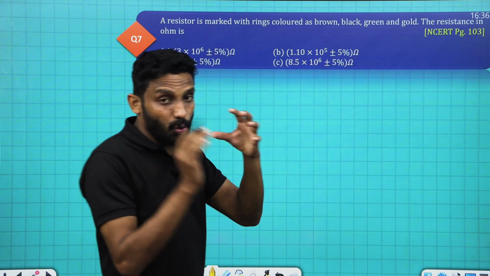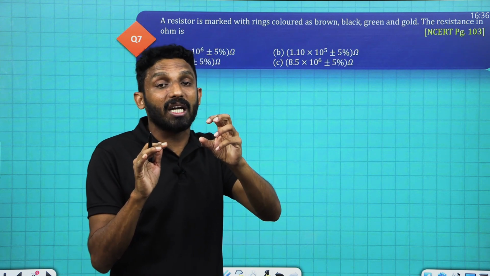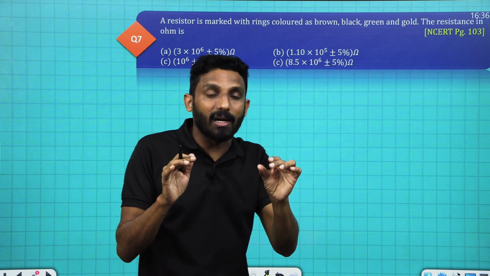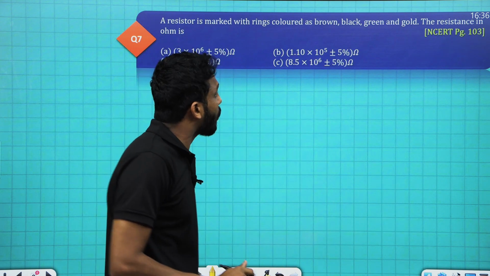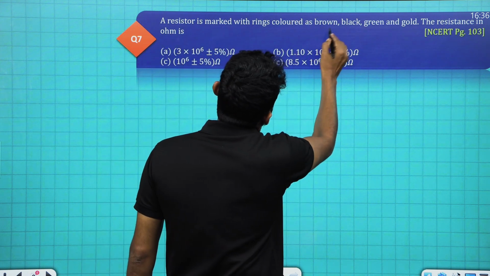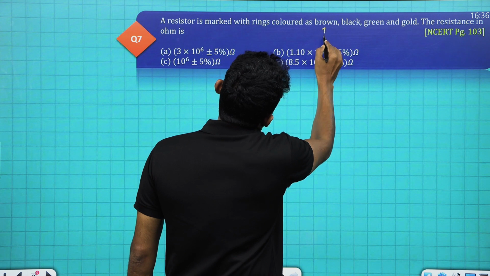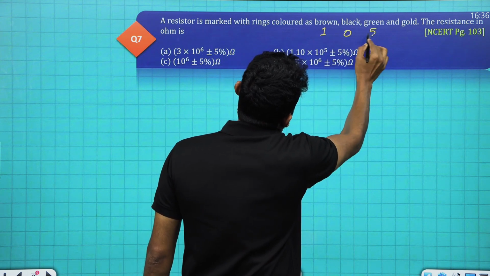The first two colors are the digits, the third color indicates the multiplier of 10, and the fourth color indicates the tolerance that we studied. Here the colors are brown, indicating 1, then black indicating 0 and green indicating 5.